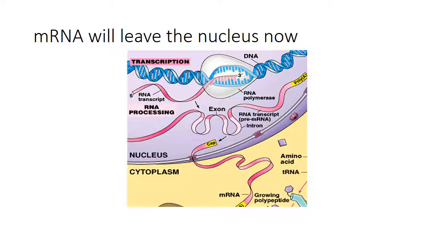Now, if you look at your notes also, and now this is on the back page of your notes, you can see that these exons can be spliced together into different combinations. We as humans have only about 22,000 genes, but we can make hundreds of thousands of different proteins.